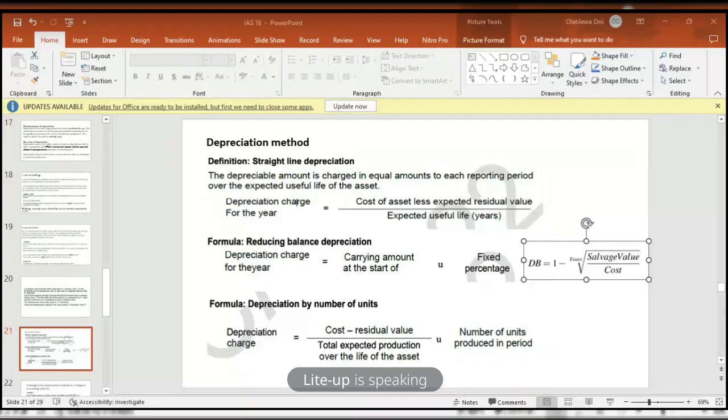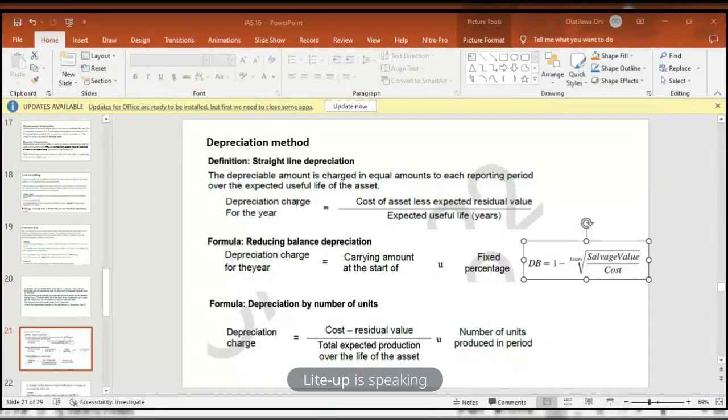Okay, let me look at that. Let me see a place to put that here so that we get exactly what you are saying. So let's say we want to have a statement of profit or loss here.